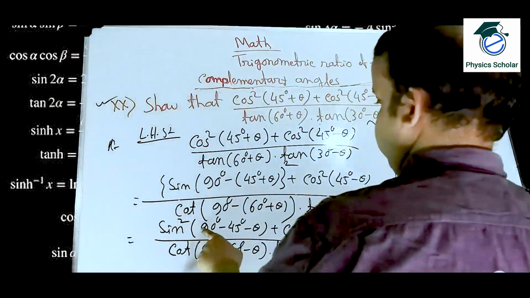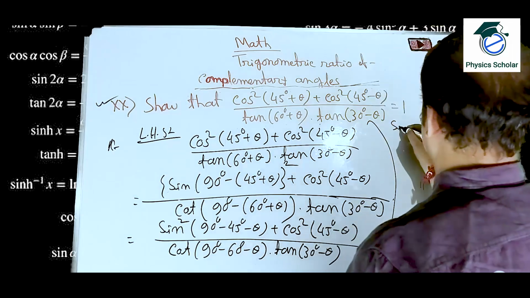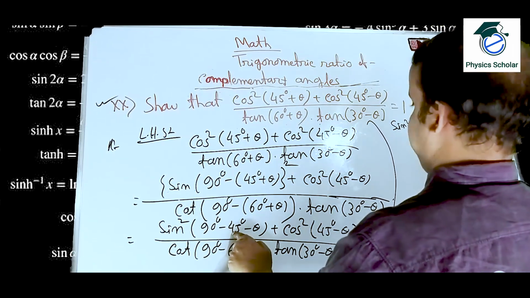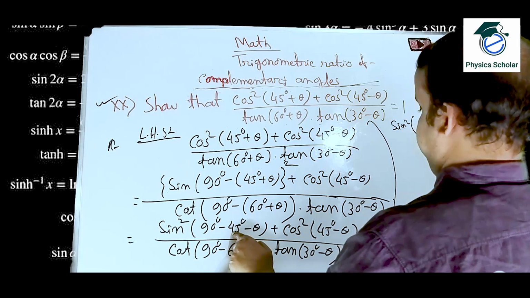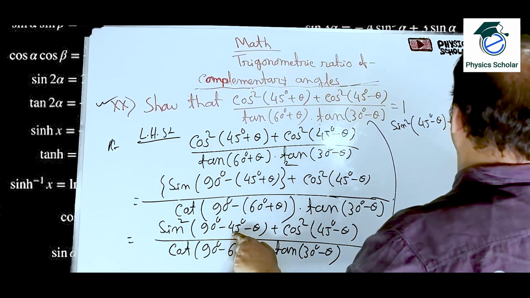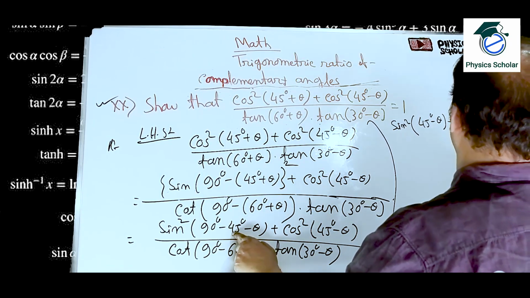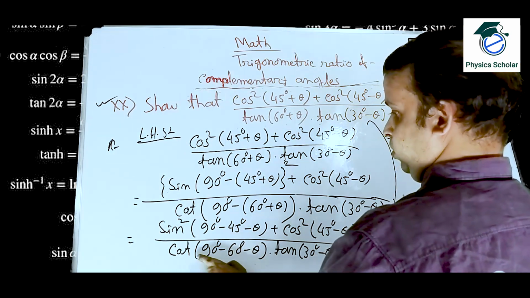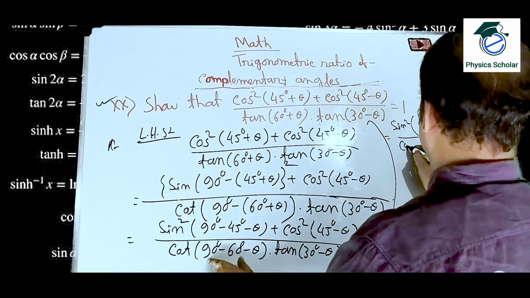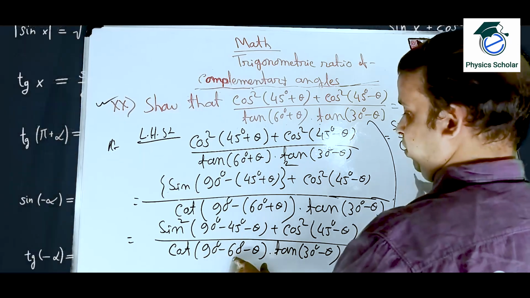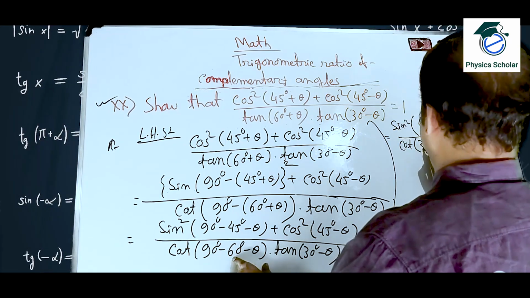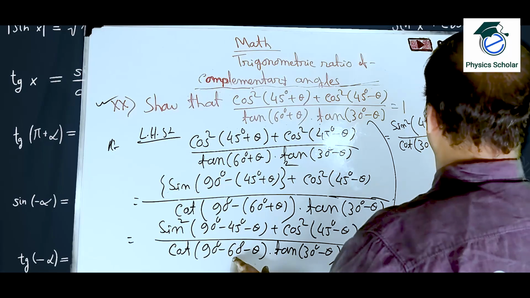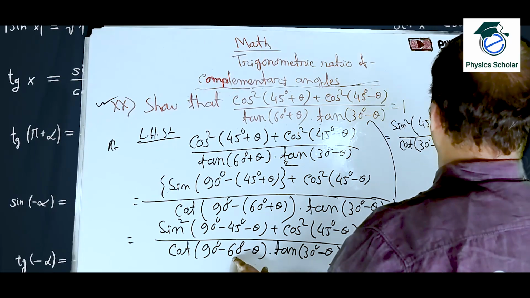Now what we can write? See, it will be sin square, 90 minus 45 means what? 45 degree minus theta plus cos square 45 degree minus theta whole divided by cot, 90 minus 60 means 30 degree minus theta into tan 30 degree minus theta.